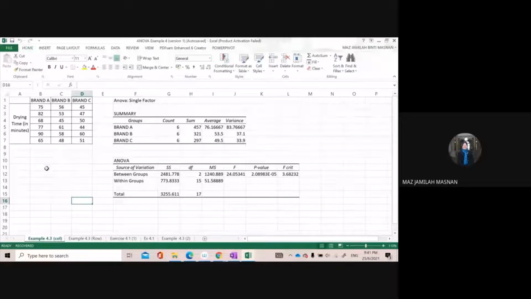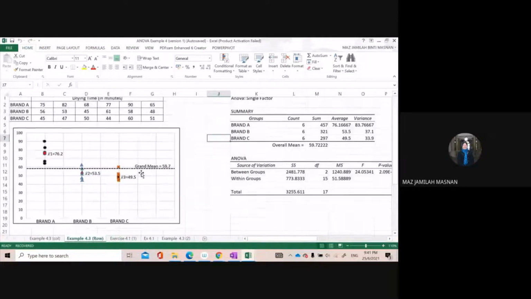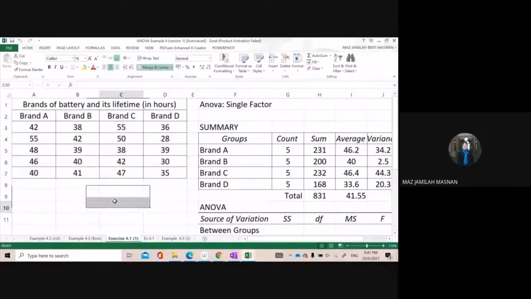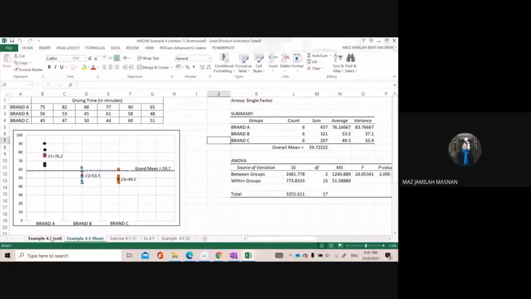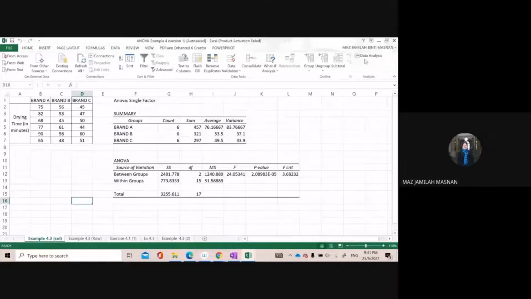Now, let's say we do both. What if our data is column-wise and row-wise? We will see how we can do it in each case. Let's use column-wise first. What you need to do is make sure in your data you have Data Analysis here.